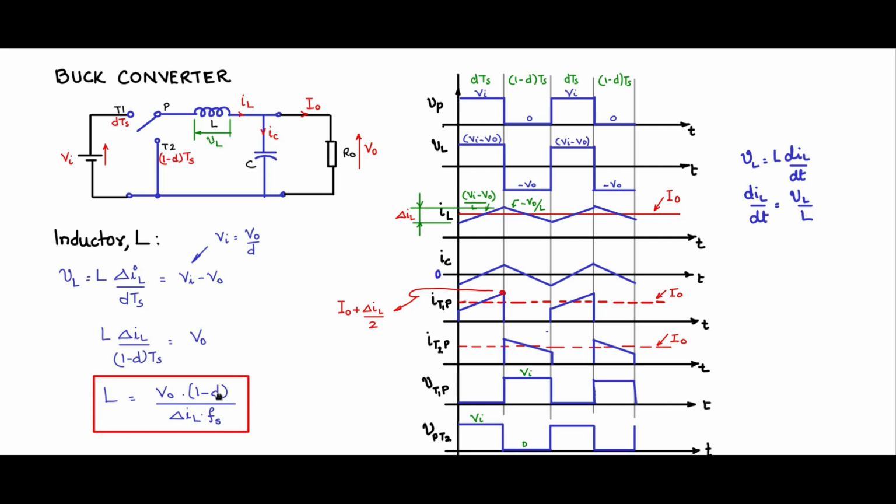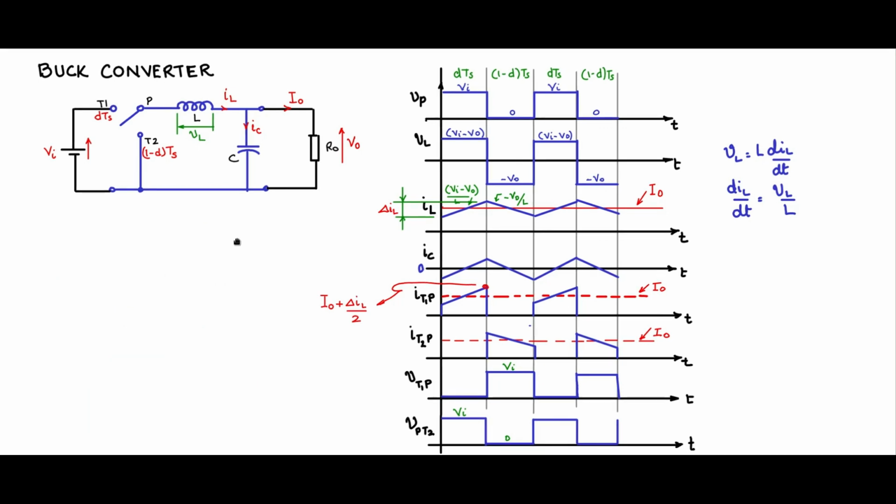D is designed from Vi and V0, both are specs, and therefore D is calculatable. Fs is the switching frequency. The designer chooses whether you want to switch at 20 kHz, 50 kHz, 100 kHz. Then delta IL again is a designer spec, and normally it is taken as 10% of I0, max I0. So with this you can get the value of L.